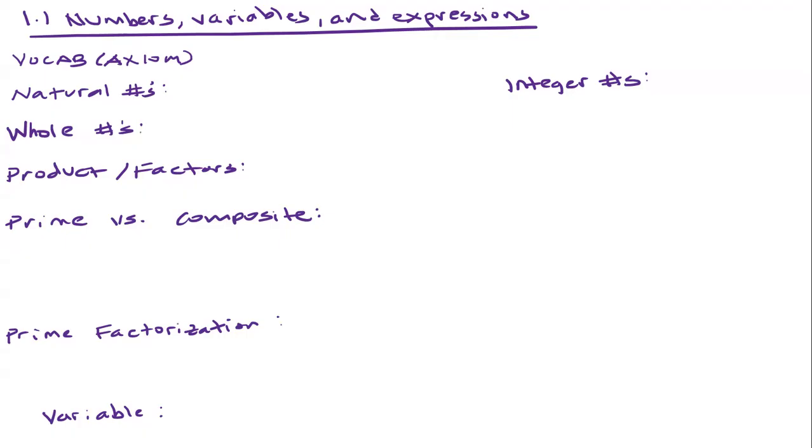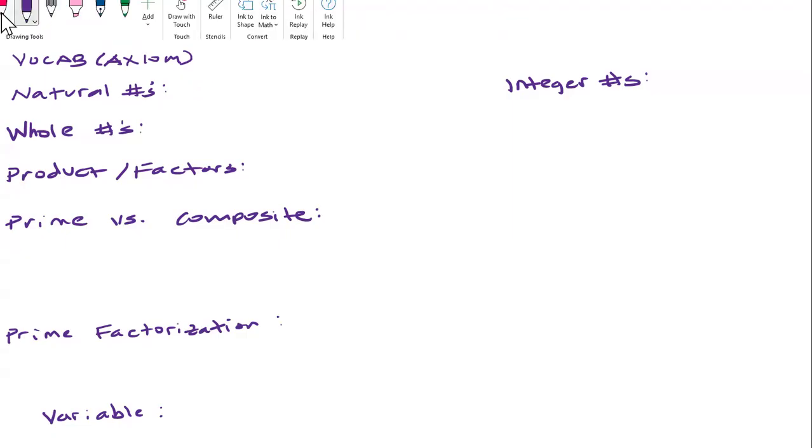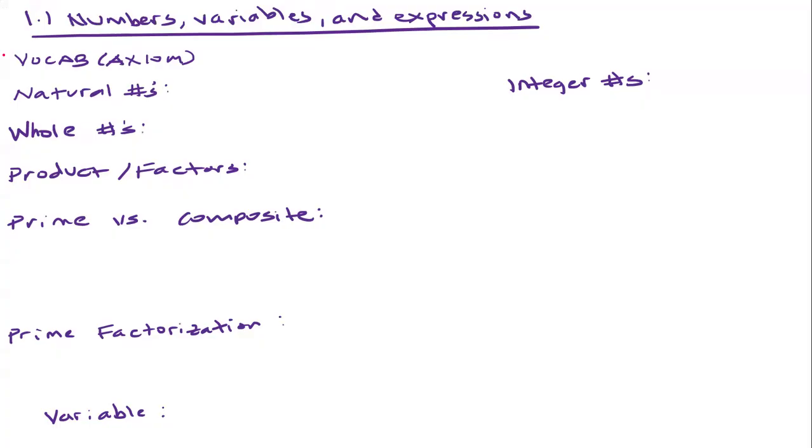So natural numbers start with one. Sometimes they're called counting numbers. So you have one, two, three, four, dot, dot, dot, etc. The dot, dot, dot means it goes on forever.